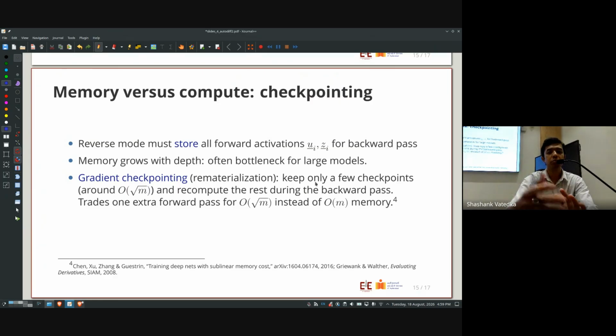You store only some of them, maybe roughly, if there are m layers in your neural network, then you only store roughly root m of those. And then when you do the back propagation, you recompute all of the intermediate values. So that the total amount of memory that is required is now significantly lower. Right? And this is extremely important because today we have very large neural networks which don't even fit on a single GPU. So everything you can do to save memory and save computation will be equally valuable.